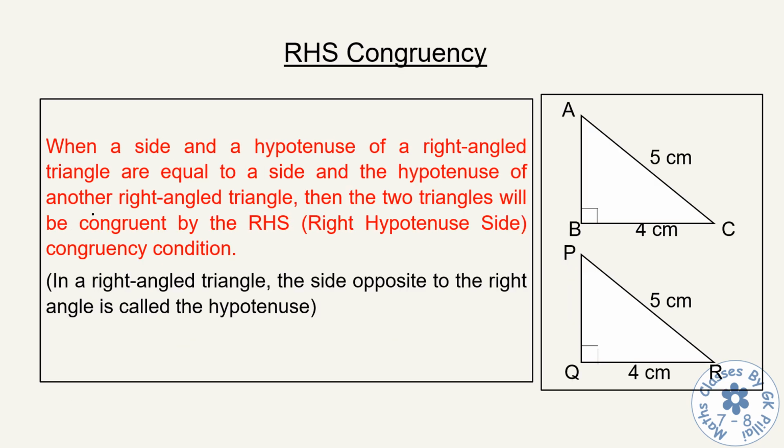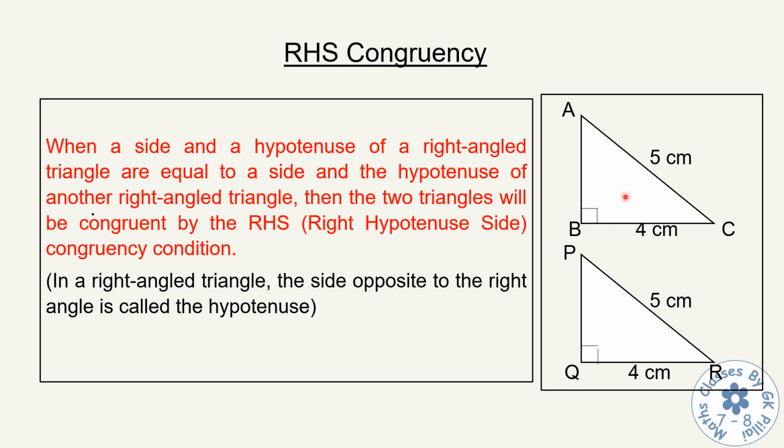Next is the RHS congruency condition. According to this, when a side and a hypotenuse of a right-angled triangle are equal to a side and the hypotenuse of another right-angled triangle, then the two triangles will be congruent by the RHS congruency condition.